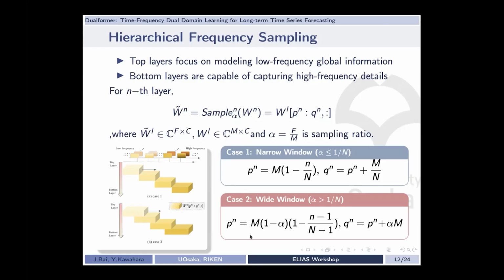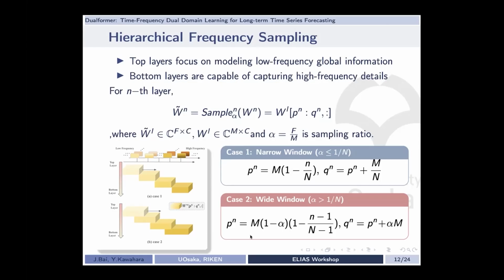F here denotes the sampling function, and alpha is called the sampling ratio, a hyperparameter that we can adjust. The sampling intervals P_n and Q_n are dynamically adjusted based on the layer index n, so that we can ensure a smooth transition from low frequency to high frequency.